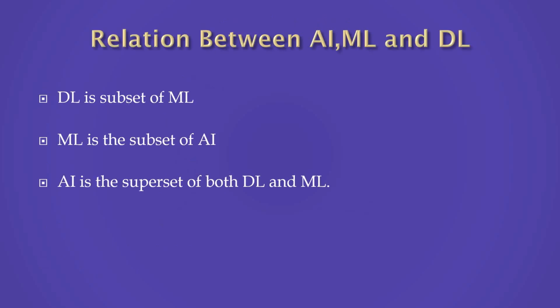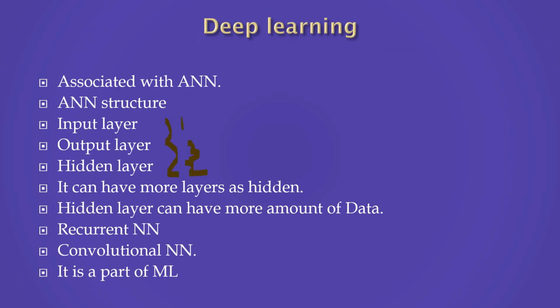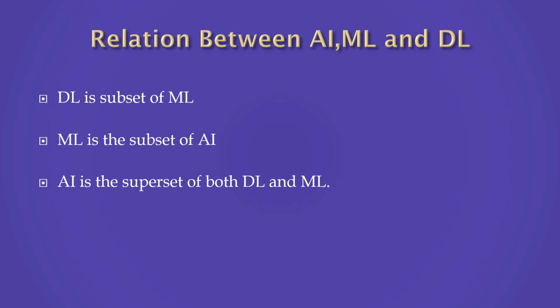So what is the relation between artificial intelligence, machine learning, and deep learning? Here we need to discuss the relation among AI, ML, and DL. Deep learning is a subset of machine learning. Machine learning is a subset of artificial intelligence, and artificial intelligence is the superset of ML and DL.